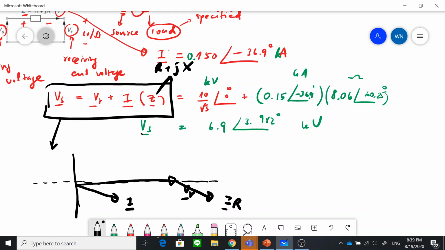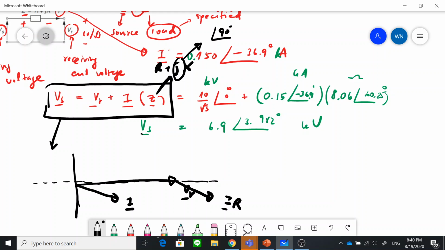When you multiply I with the JX, if you convert J into polar form, the angle of J is 90 degrees. So when we multiply with the JX, you just shift the vector by 90 degrees, which creates the perpendicular vector.